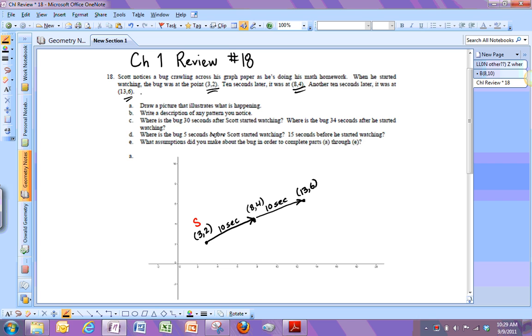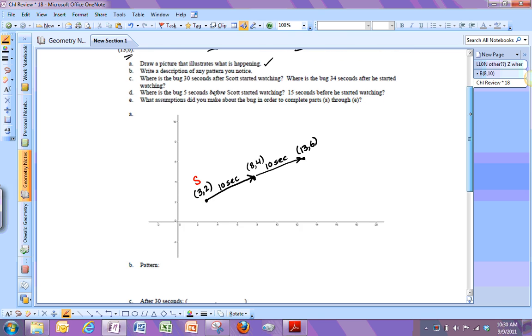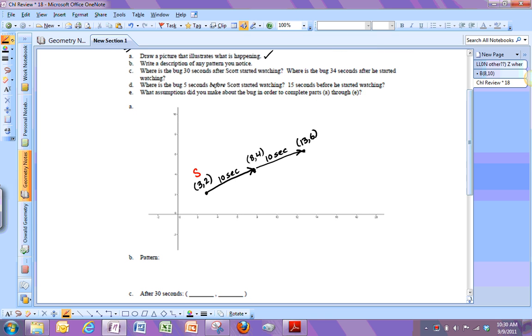That's part A. Okay, next part, write a description of any pattern you notice. Let me get another color here, blue. Okay, so the pattern, well, let's see. If I started at (3, 2) and I went to (8, 4), then we can figure out how far across and how far up the bug went.